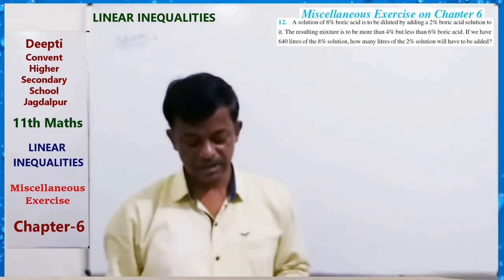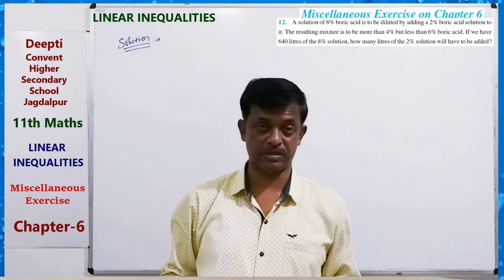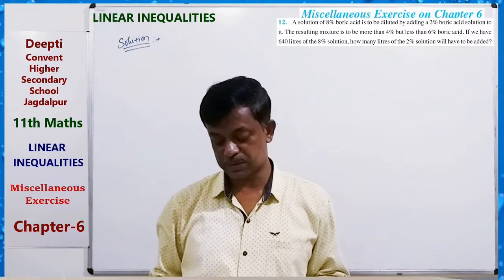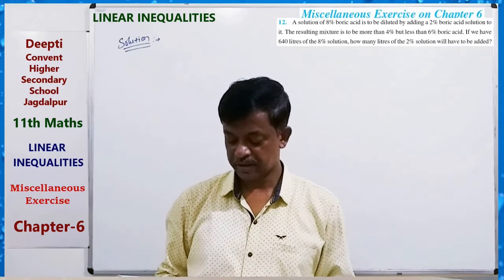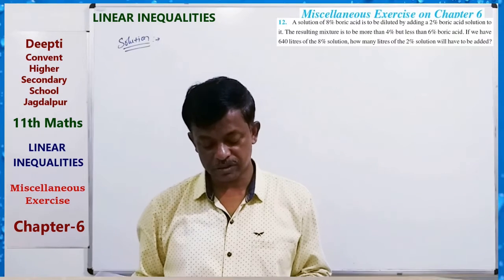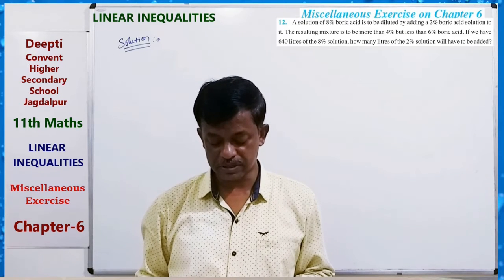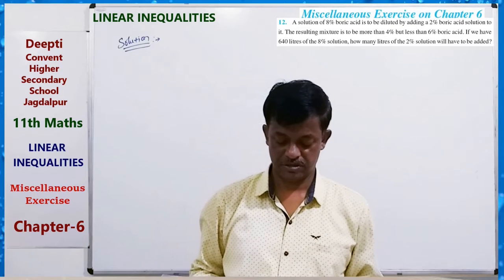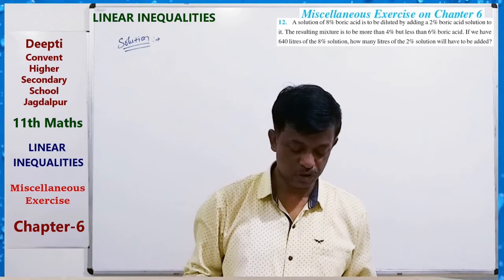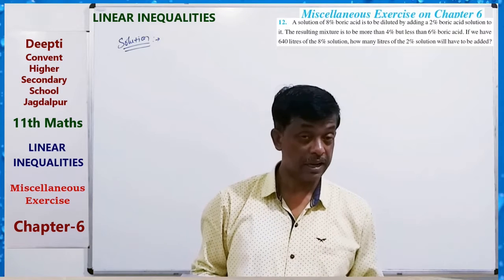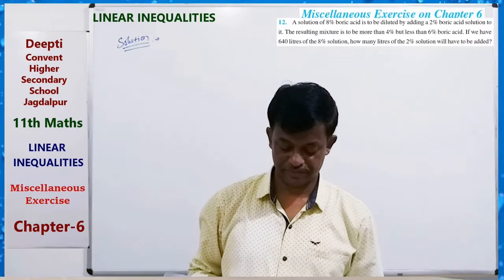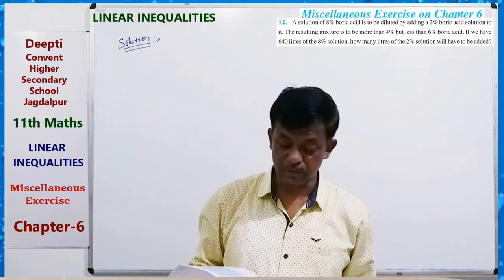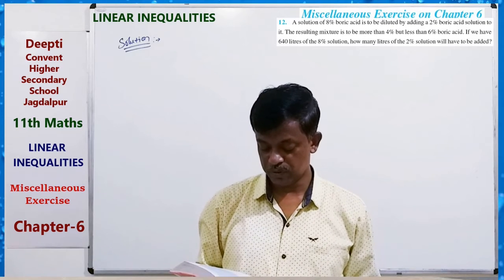The resulting mixture is to be more than 4% but less than 6% boric acid. If we have 640 liters of the 8% solution, now how many liters of 2% solution will have to be added?